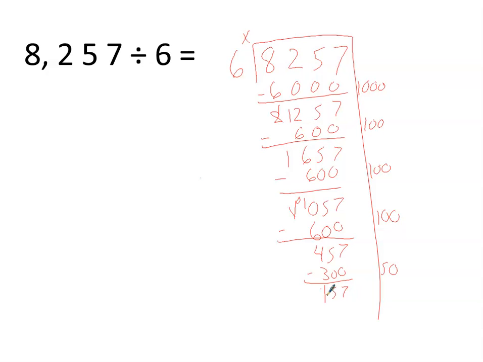Can't do 50 more groups. This time I think I can do 10 groups. 10 groups of 6 would be 60. Subtract. I'm at 97. We can do 10 groups again, which is going to get me to 37. I'm going to bring it up over here. And we were dividing by 6.